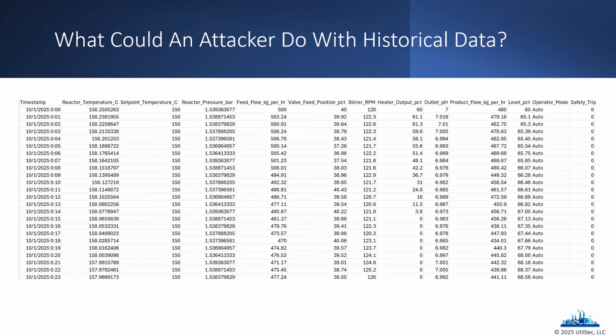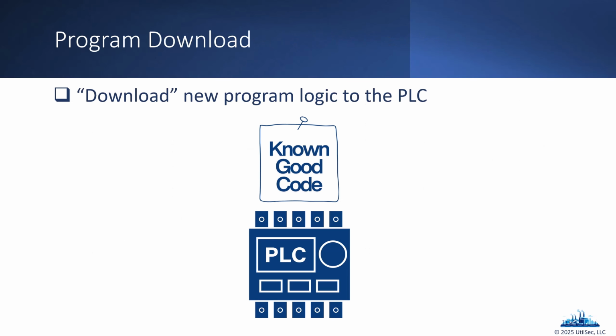If there are any changes in the environment, the controller is handling them. We didn't have to have a human operator come in and take over or make changes. Awesome. Though we have to ask our questions. What if the operator mode comes out of auto? Or what if there is a safety trip? Those are some of the big questions we have to start asking.